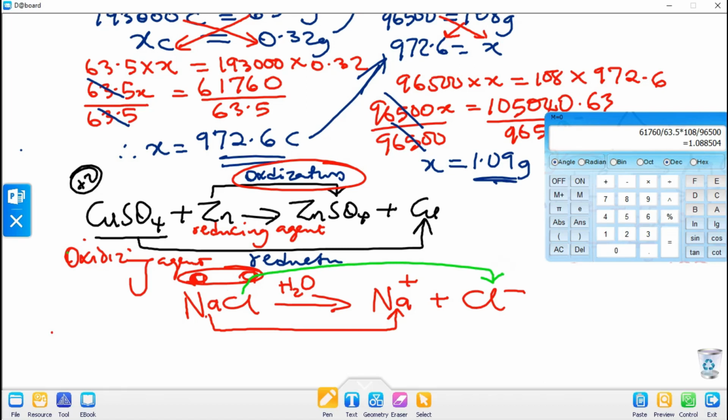So we can see that sodium went from 0 to +1, but chloride ion has gone from 0 to -1. 0 to -1 is reduction, but 0 to +1 is oxidation. So it tells us that this is an example of an oxidation reduction reaction. Oxidation takes place here, reduction takes place here.